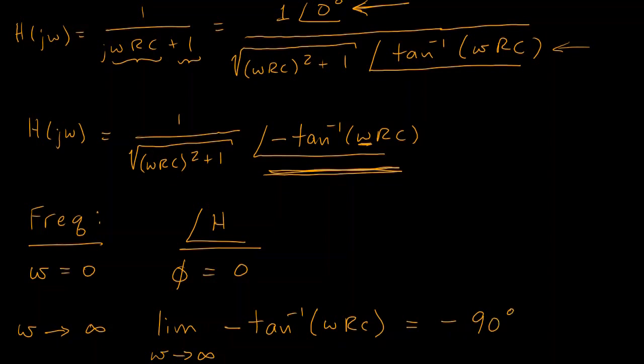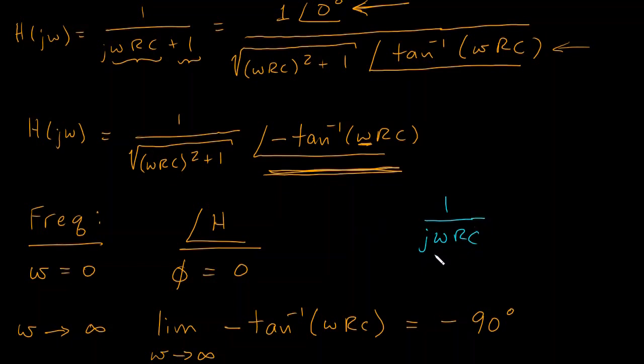That probably doesn't come as a surprise, because as we get larger and larger in frequency, the frequency response looks more and more like just 1 over j omega RC.